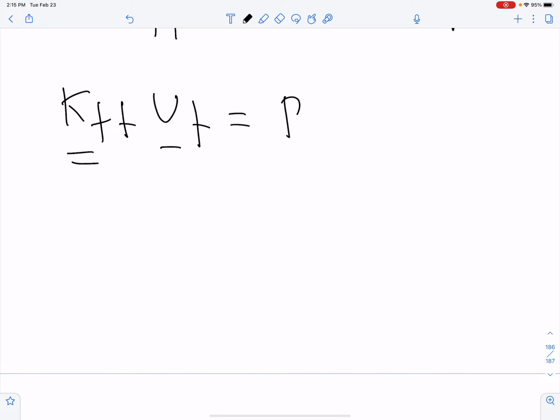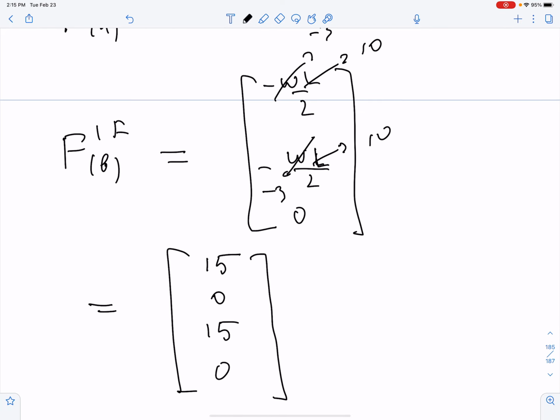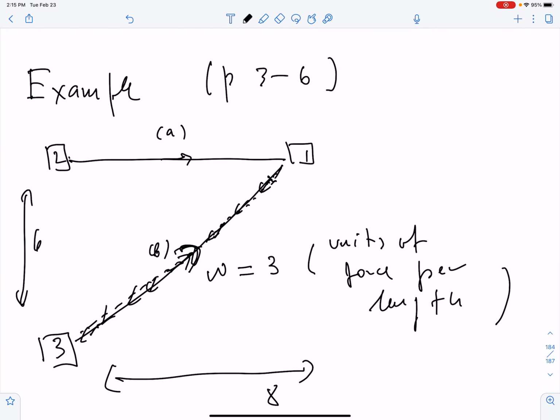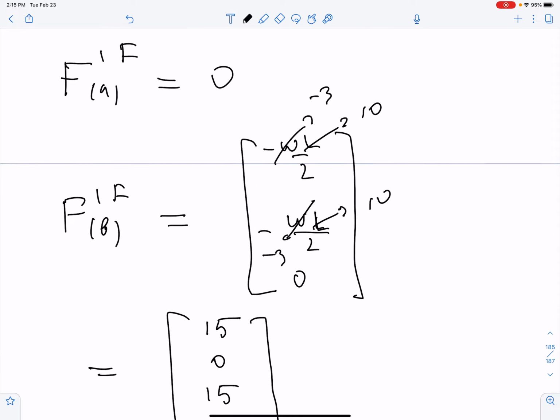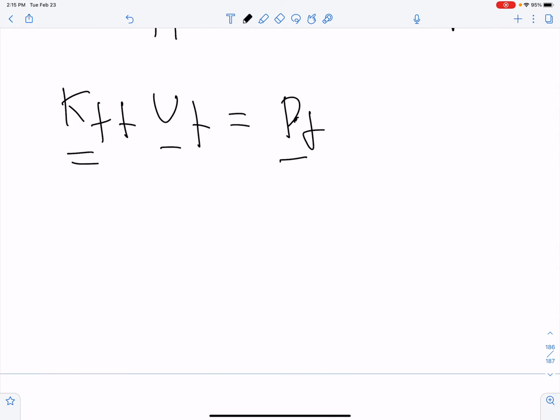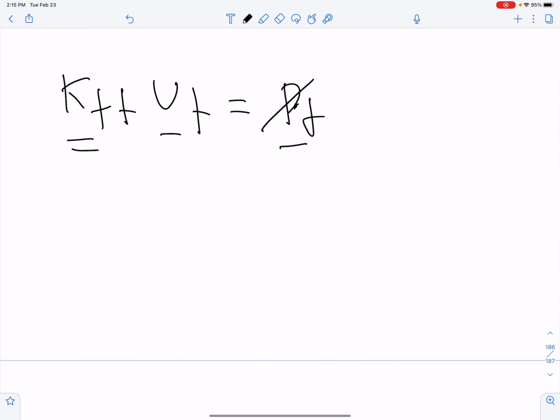So what do the equilibrium equations look like? I have KFF UF equals PF. In this case, if you look at the problem statement, we assume that the vertical force is no longer acting on the bar, so this is 0, and what remains is PF0.